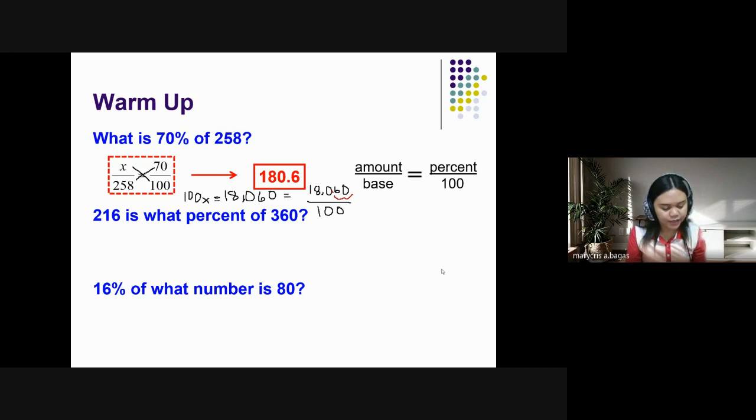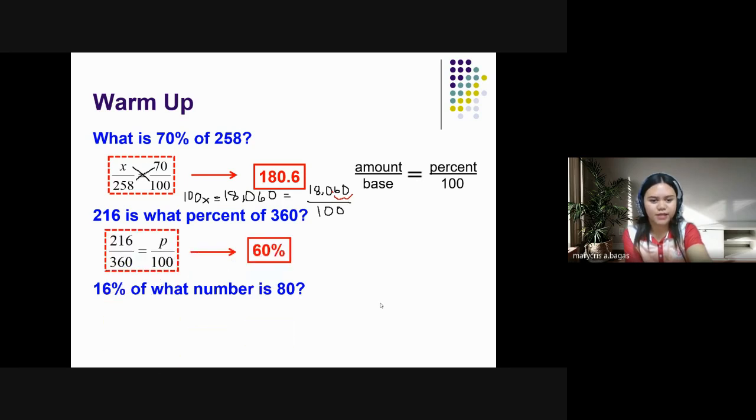Okay, what is your answer? What percent? Did you try it on your paper? Yes or no? Okay, I will show you the answer. 60.